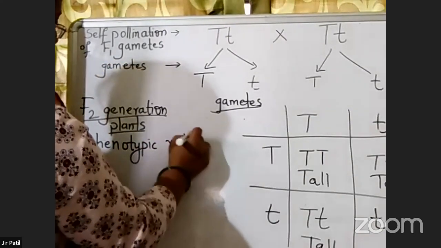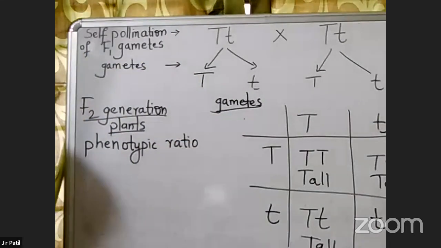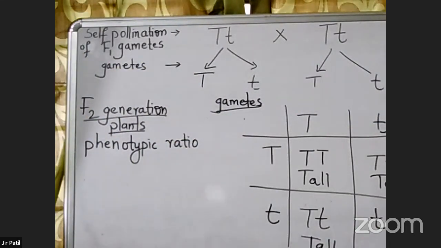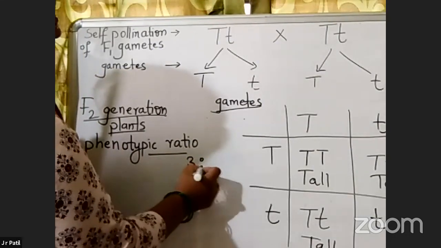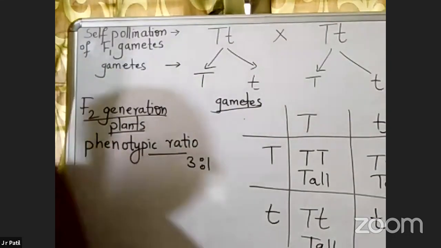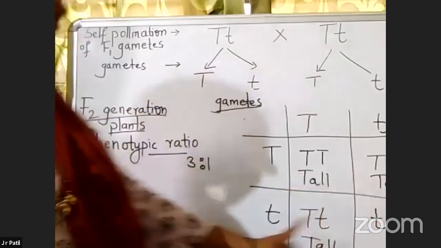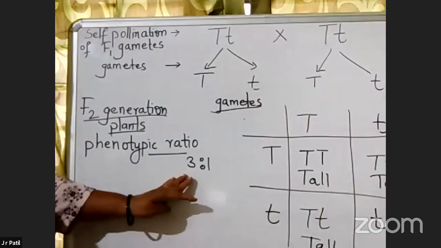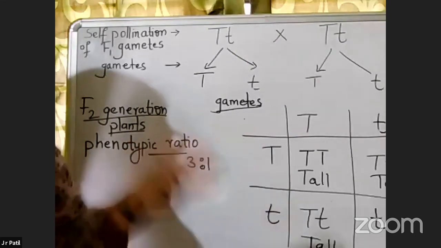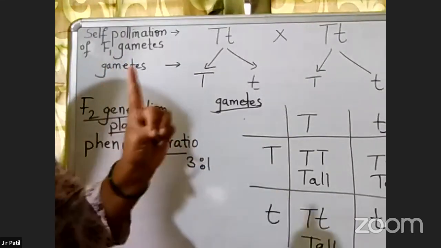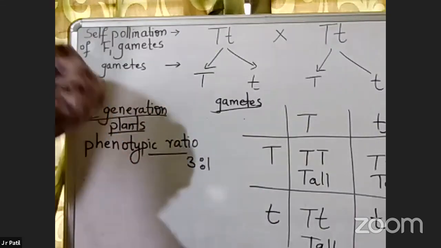Phenotypic ratio. Why do we call it a phenotypic ratio? Because 3:1 is based on physical appearance: we see 3 tall plants and 1 dwarf plant. So this is the phenotypic ratio.